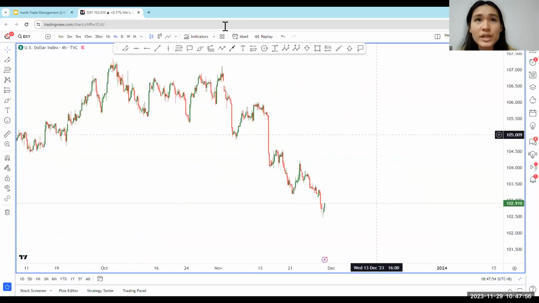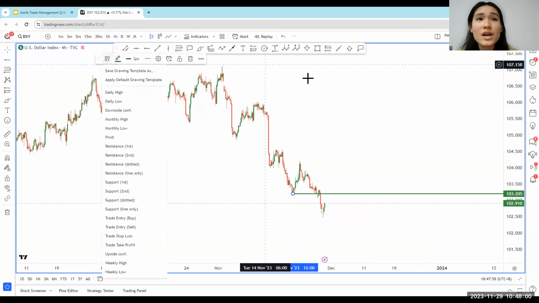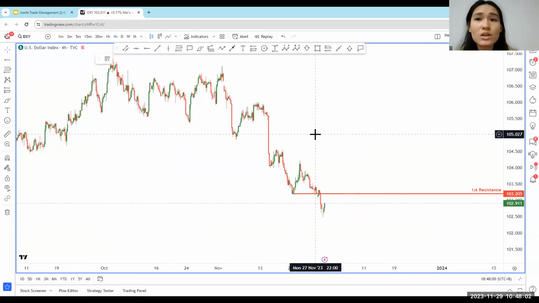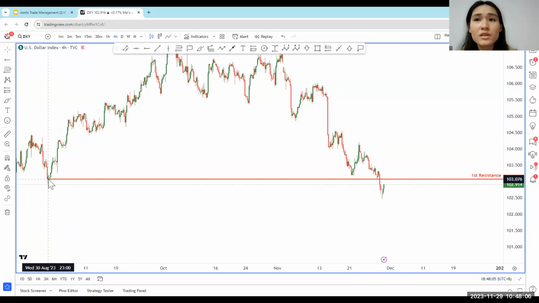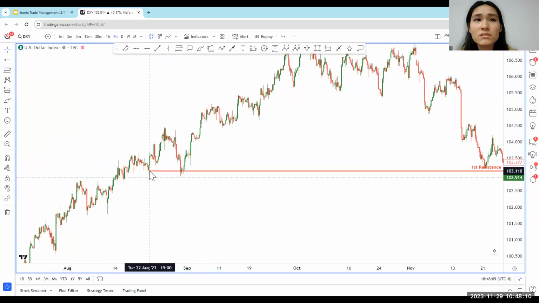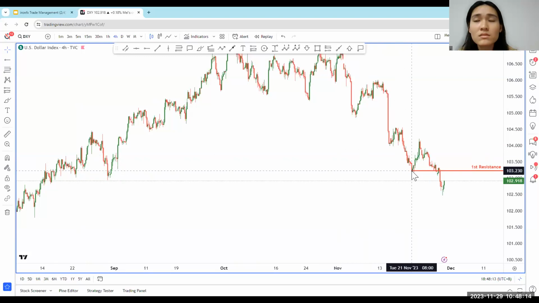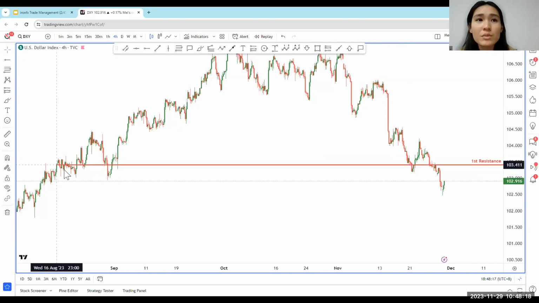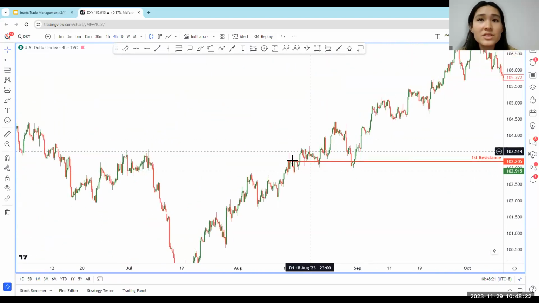So then let's go in with our resistance and stop loss levels. First resistance will be here. Can we pull it back? Yeah, okay. So our first resistance will be there.